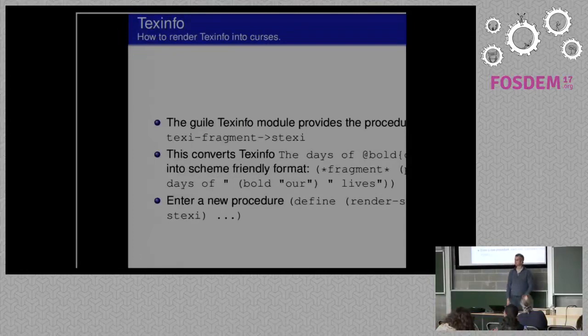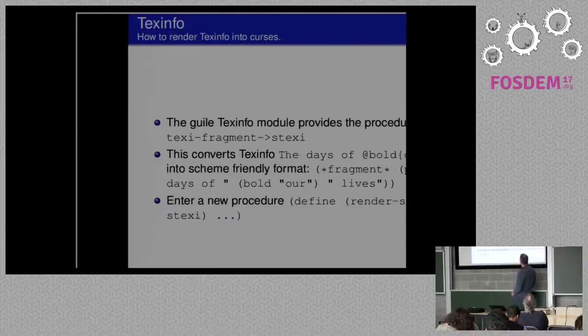Tech info, yeah, we need to have a system to turn tech info into something that curses can display. Those of you who are familiar with Guile know that there is this existing function called texi-fragment->stexi, which converts things like the days of our lives with the bold in tech info into something more scheme friendly, which is a start of a paragraph, the days of, and in bold is our, and we're no longer bold here.